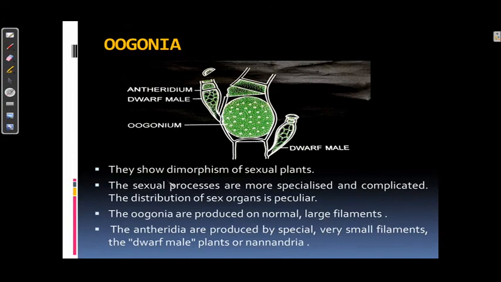Here the sexual processes are very complicated, and the distribution of sex organs, that is antheridium and oogonium, is very peculiar.